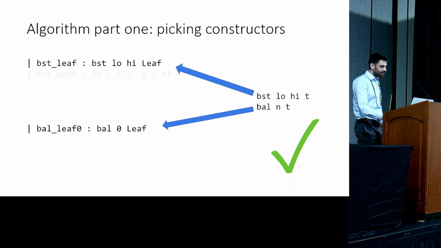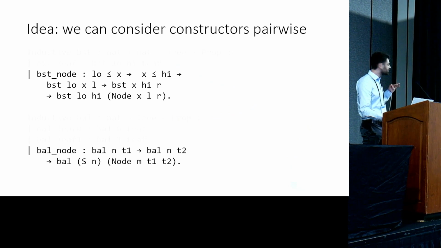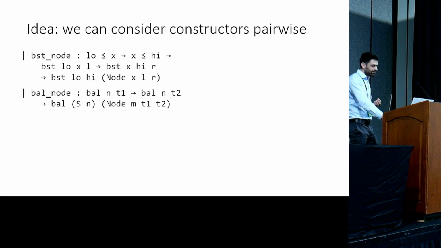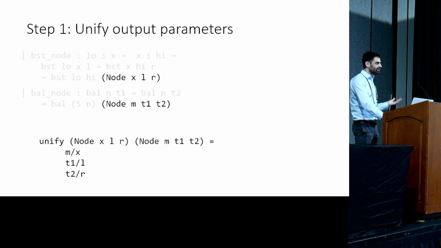So the idea is that our algorithm can start by looking at pairs of constructors from the two input relations. And for example, here we have BST node and BAL node. And the first thing that the algorithm needs to do is take a look at those output indices on the shared parameter and unify them to see if it's possible for them to be equal. Right? So unification takes two expressions and asks the question, is there some substitution of variables that makes these two expressions equal?